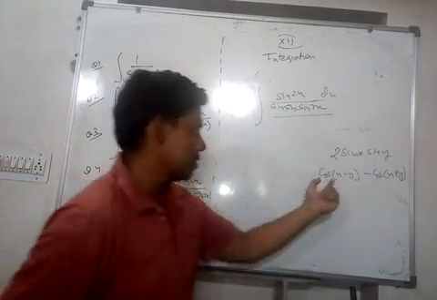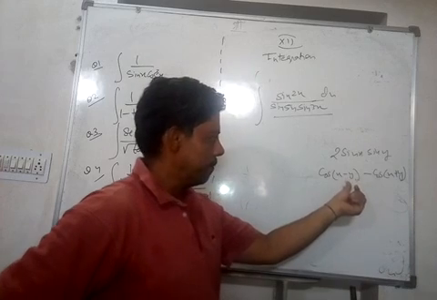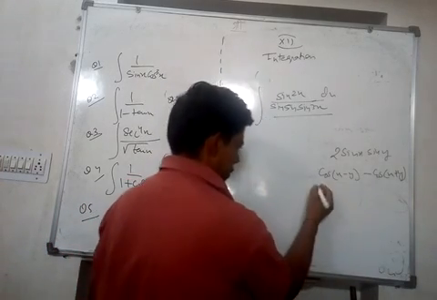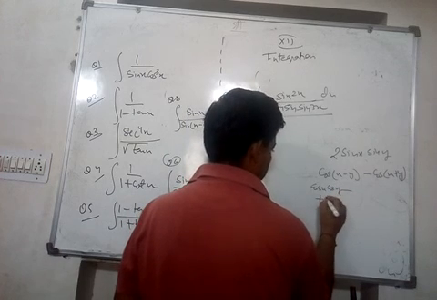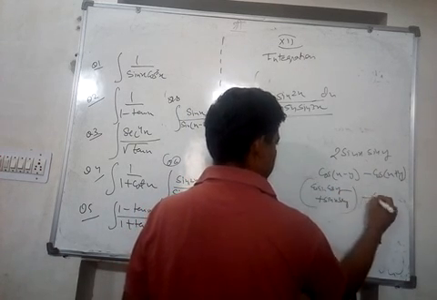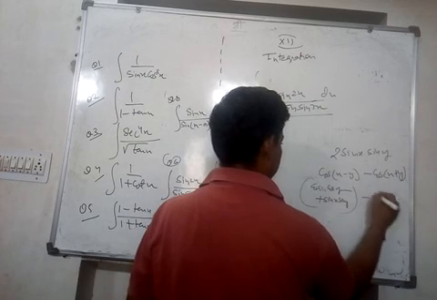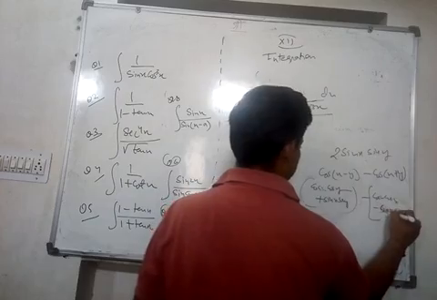Because this is cos a cos b plus sin a sin b. So let's simplify this, cos x cos y plus sin x sin y minus cos x cos y minus sin x sin y.